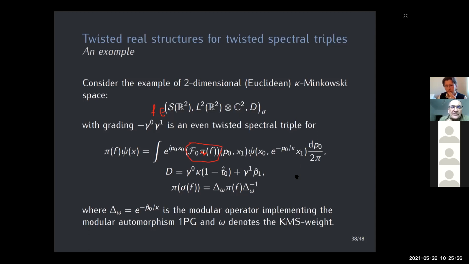Please tell me again what this F0 means. Is it acting on f? Yeah, this F0 is really the Fourier transform of f. So it's just F0 of f, but the Fourier transform only with respect to the zeroth variable. Yes, it has two variables, so it makes sense. Okay, thank you so much.